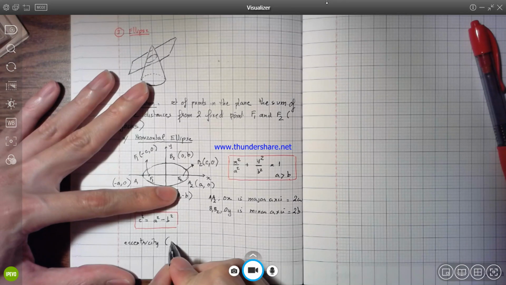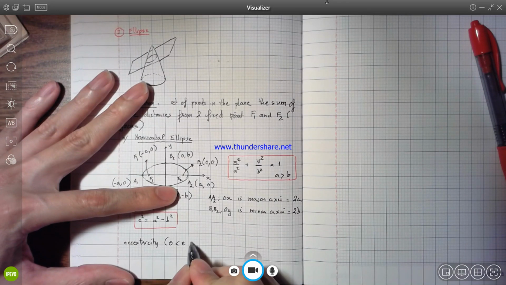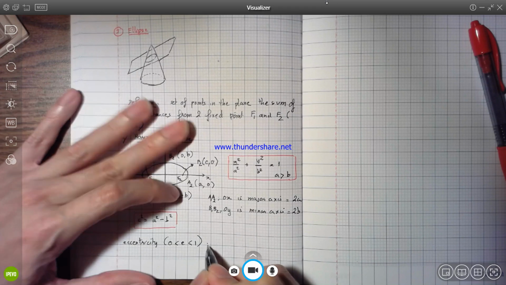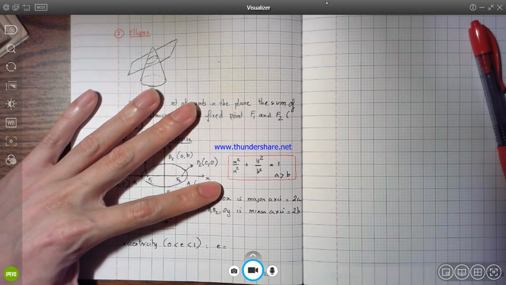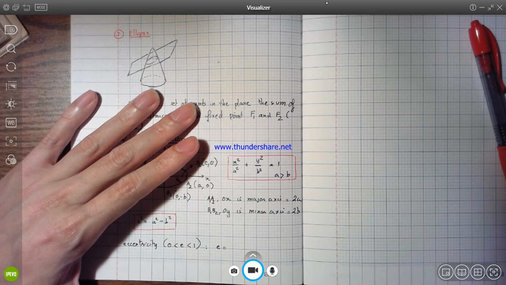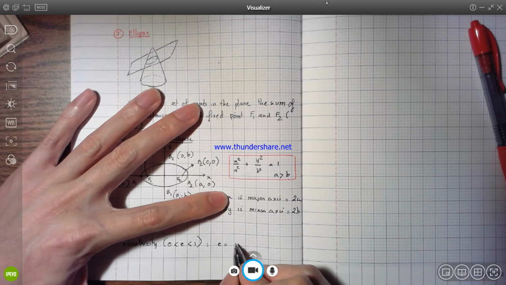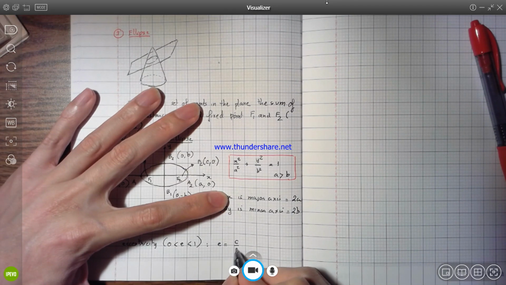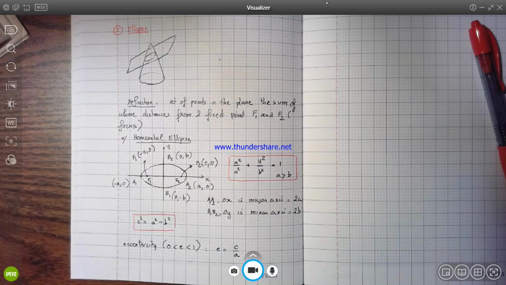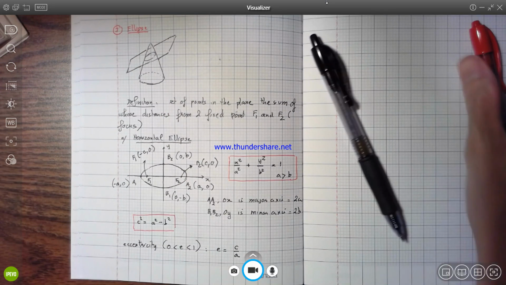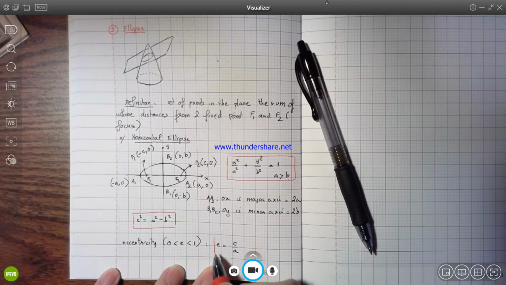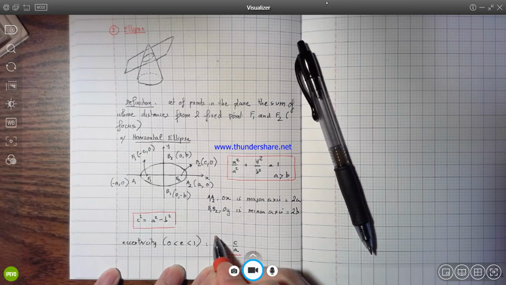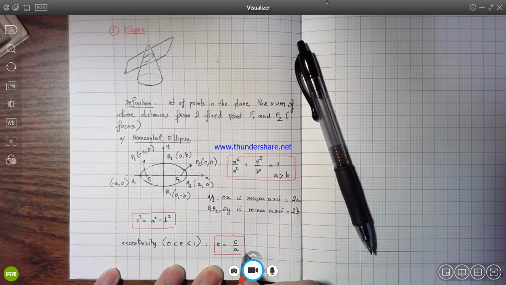So 0 is less than E, less than 1, and the eccentricity E can be calculated as C over A. It means value C over whatever the value under the X.